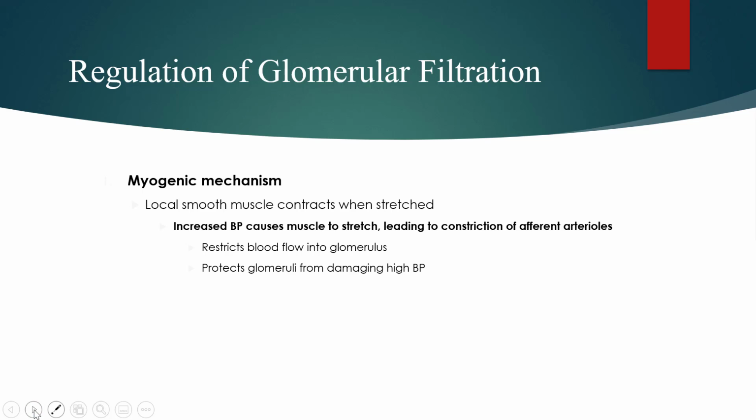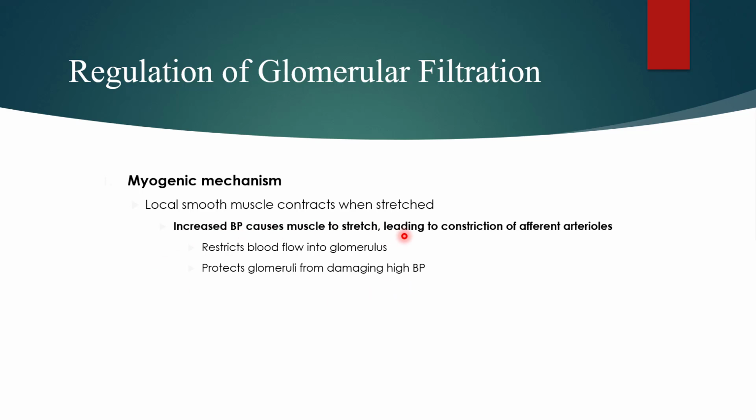It stretches your blood vessels, causing the muscles there to stretch, leading to constriction of the afferent arteriole. Whenever there is a stretch, the afferent arteriole will react to it because that's a mechanoreceptor. It constricts, thereby restricting blood flow into the glomerulus, protecting the glomerulus from damaging high blood pressure.